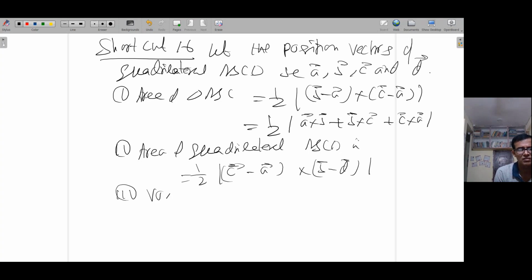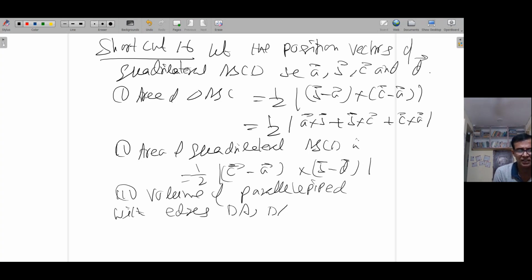Third, volume of parallelepiped with edges DA, DB, DC, each A minus D, B minus D, C minus D. Okay.